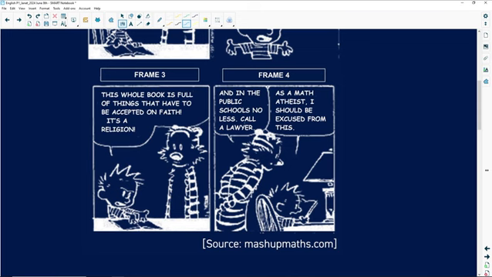It's a religion. And then he's still at his desk with his book, and Hobbes is saying in the public schools and call a lawyer, and he says as a maths atheist he should be excused. Right.